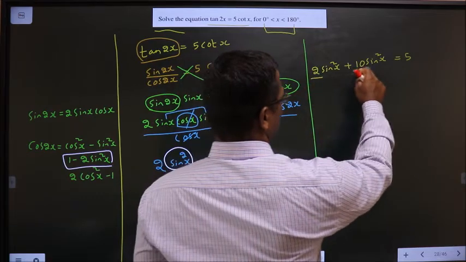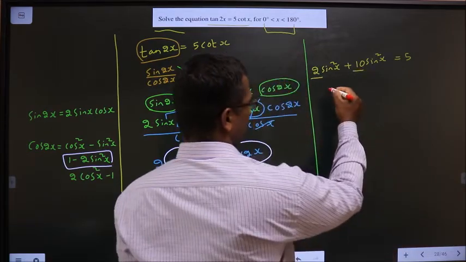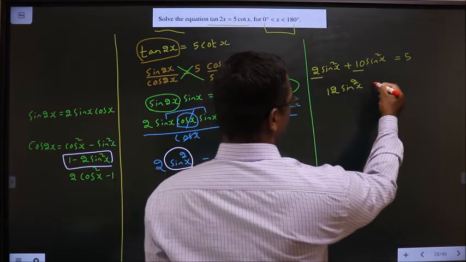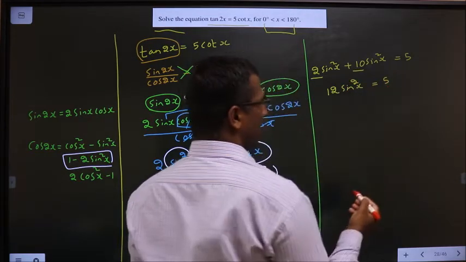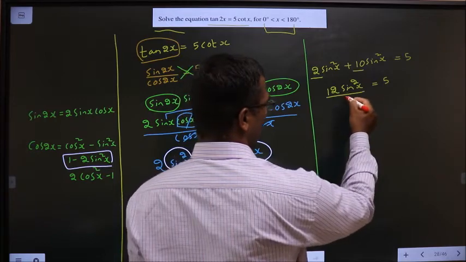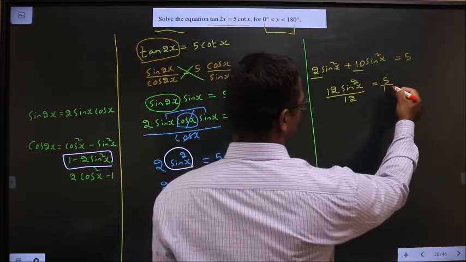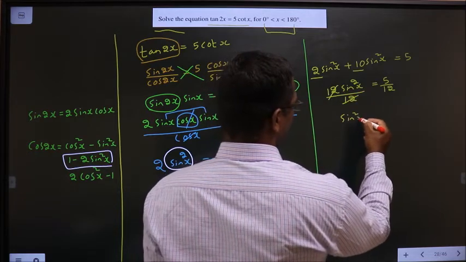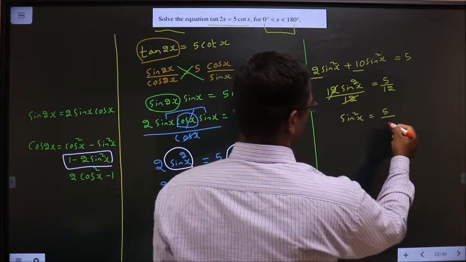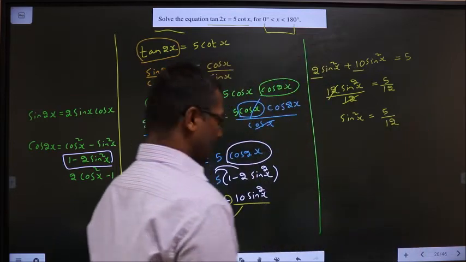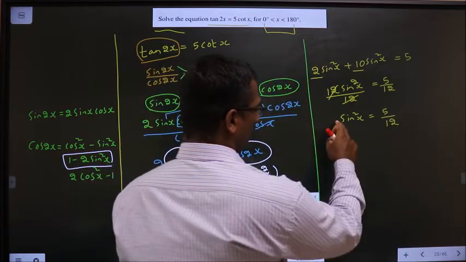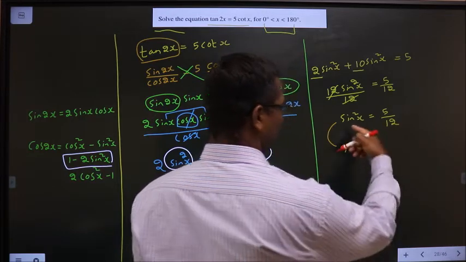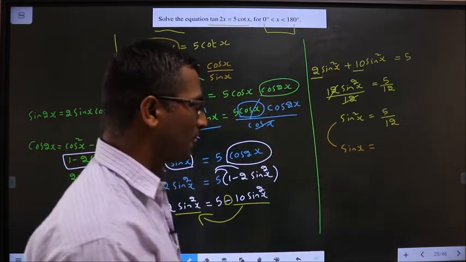2 sin square x plus 10 sin square x is 12 sin square x equal to 5. Now make sin square x the subject. For that divide by 12 on both sides. So sin square x equal to 5 by 12. Clear? Now from this to get sin x, I should shift the square to the other side.